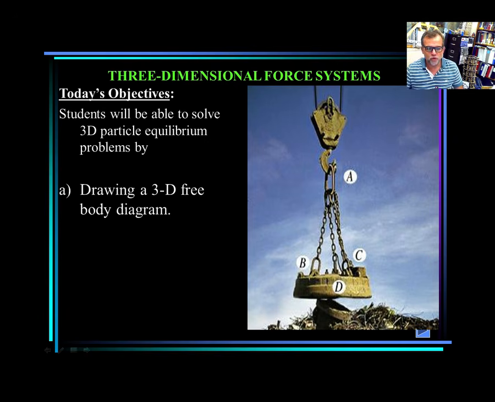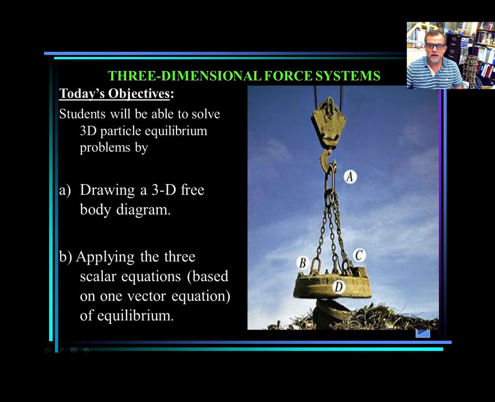But the way you do the problem is exactly the same way that you solve 2D. You draw a 3D free body diagram in this case. In the other case, we also drew a free body diagram. And then you apply the three scalar equations of equilibrium, summation of forces in three different directions. In our case, it's easier if you say x, y, and z. And from there, you can build up a system of three equations with three unknowns and solve for your unknowns. That's basically the same procedure every time.